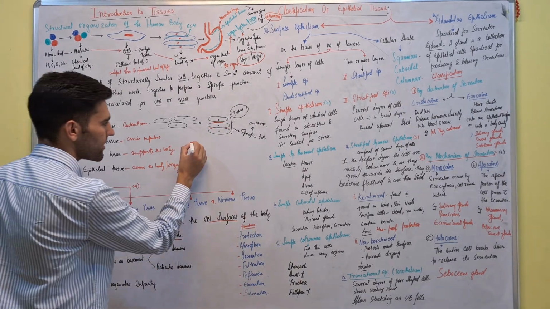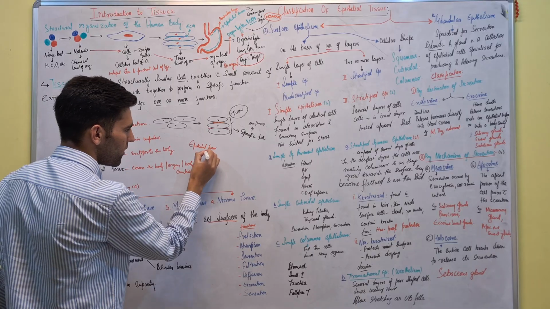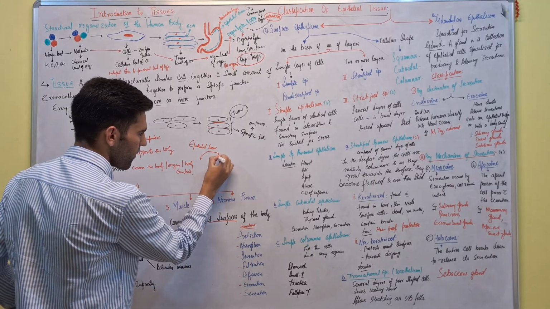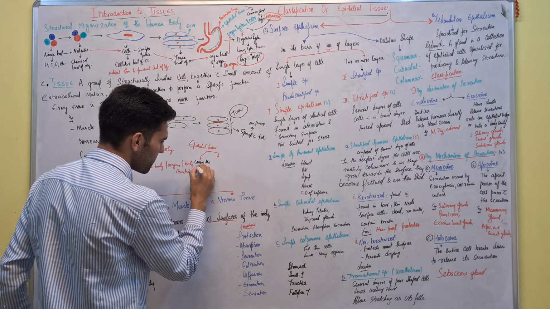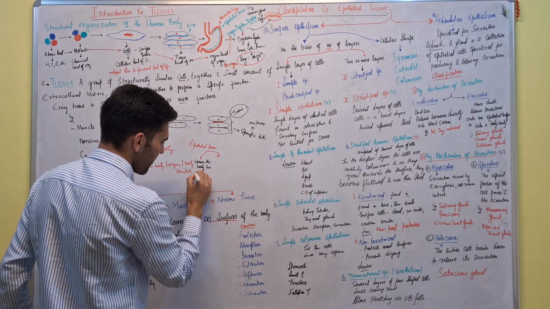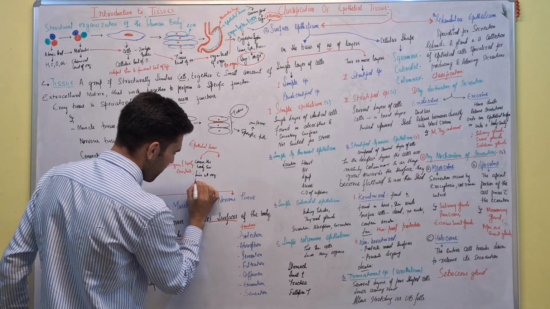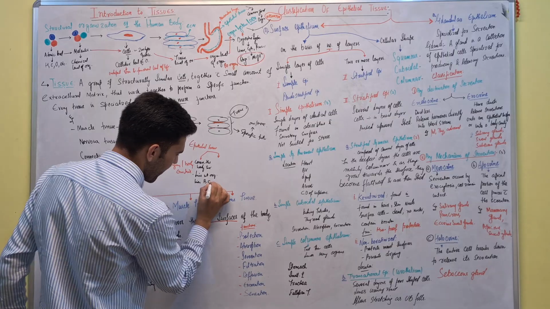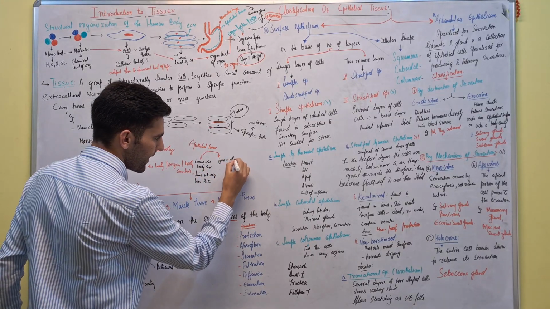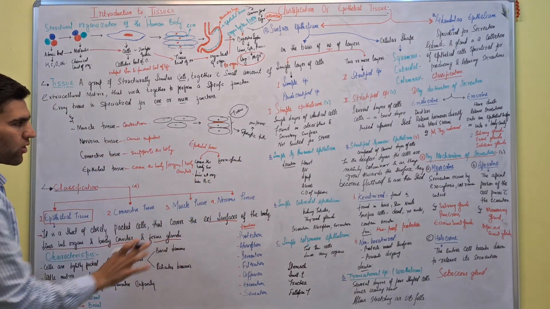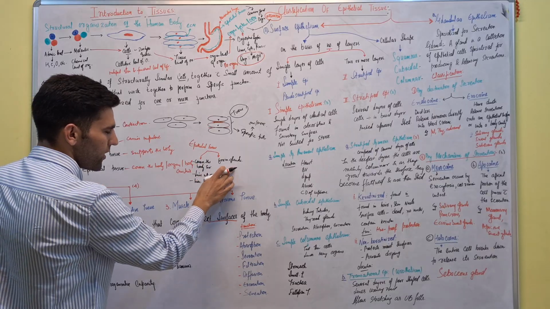So either it covers the body surfaces, lines the internal organs, or lines the body cavities, and it forms the glands.